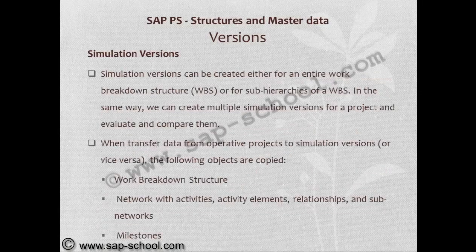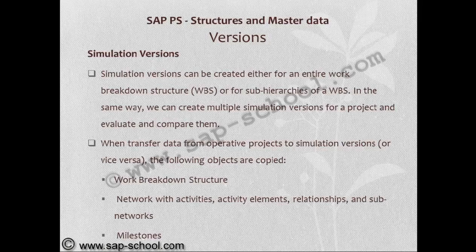Simulation versions can be created either for an entire work breakdown structure or for sub-hierarchies of a WBS. In the same way, we can create multiple simulation versions for a project and evaluate and compare them.